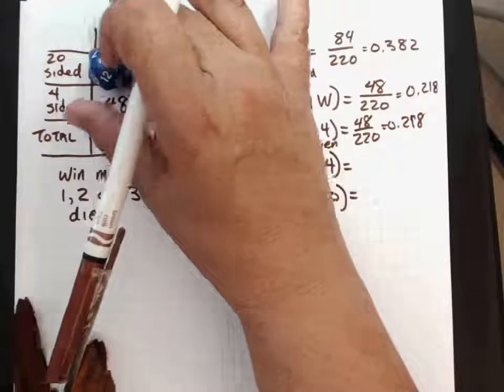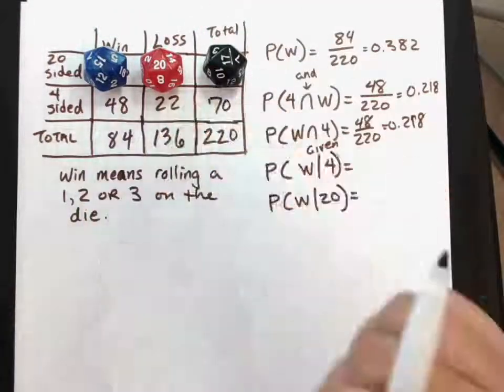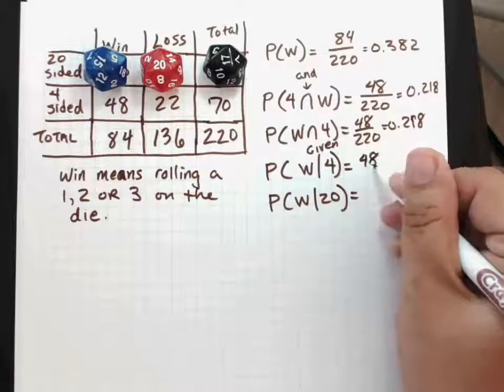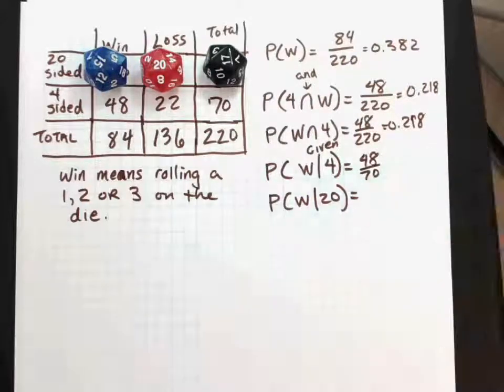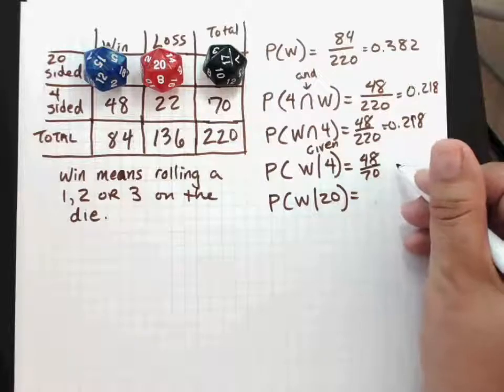So if I scoot these down just a little bit, here are all the rolls with 4-sided die. Out of those, 48 were wins out of 70. So 48 divided by 70 is 0.686.